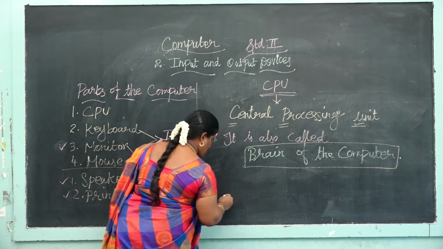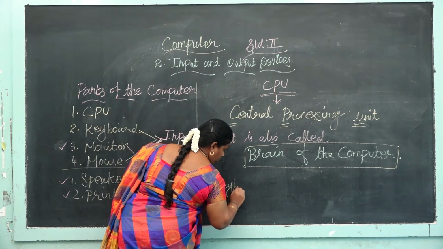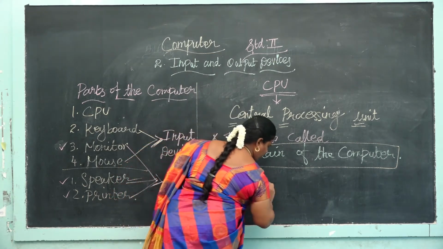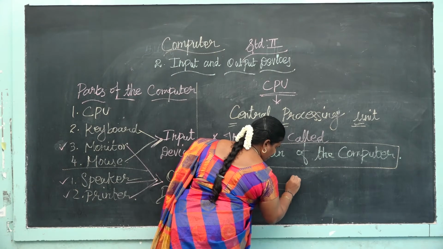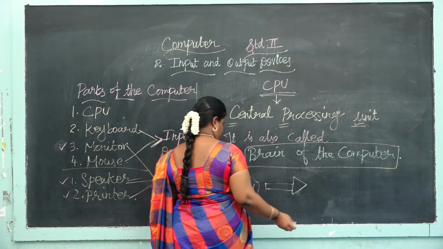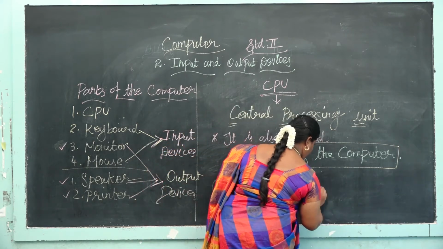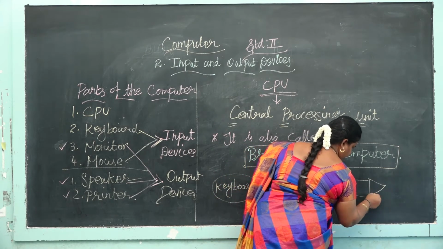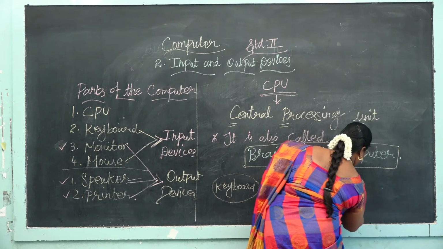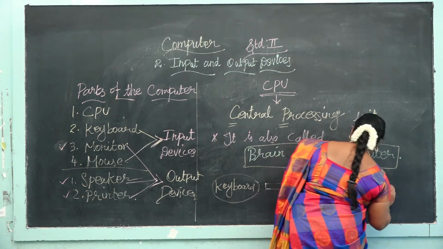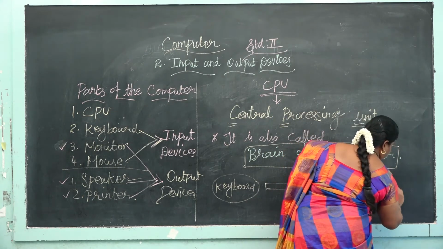First one, this is keyboard. Next one, CPU. This, monitor.